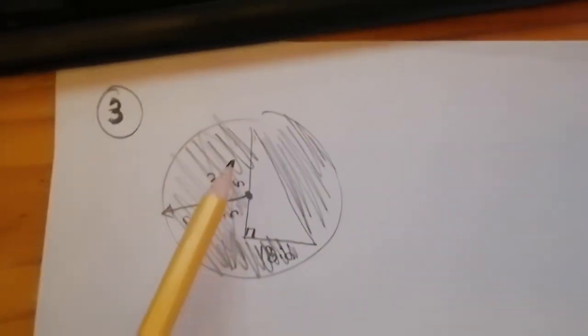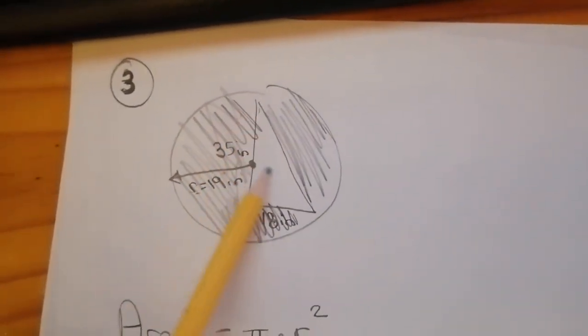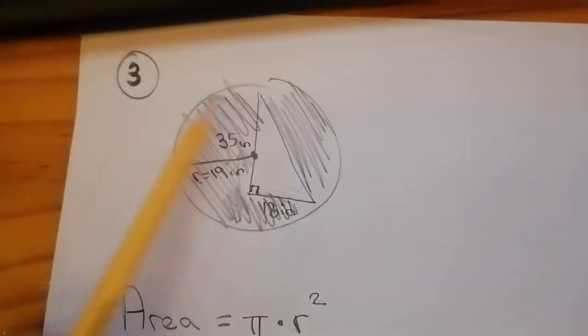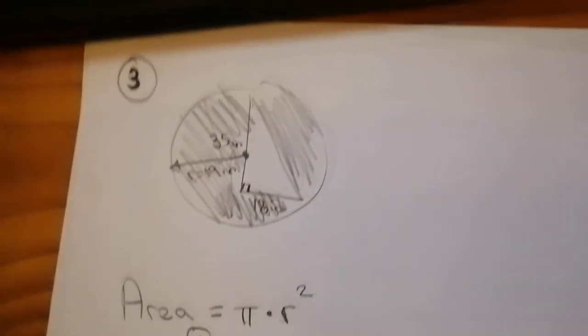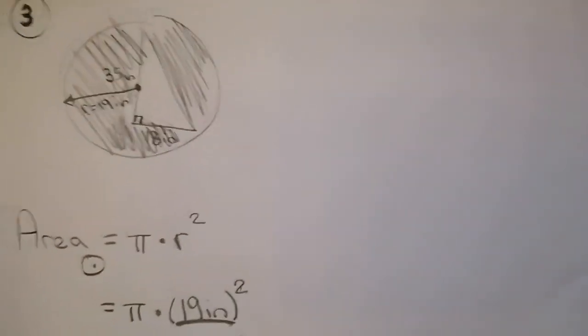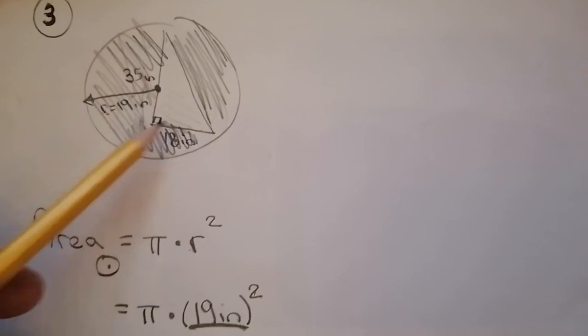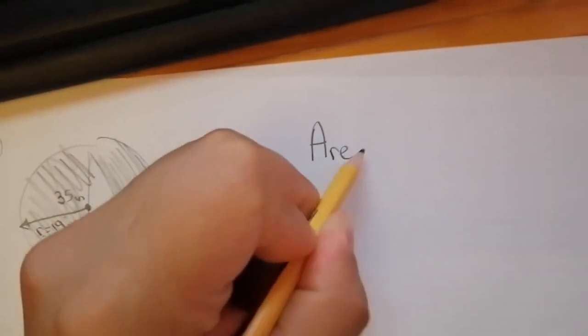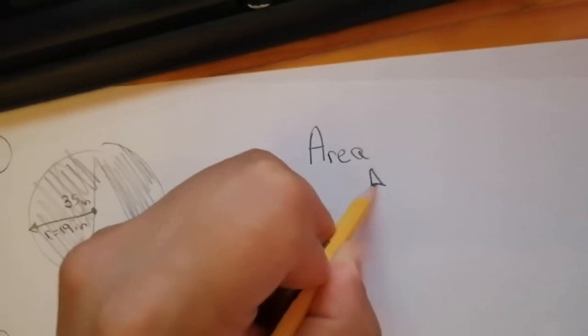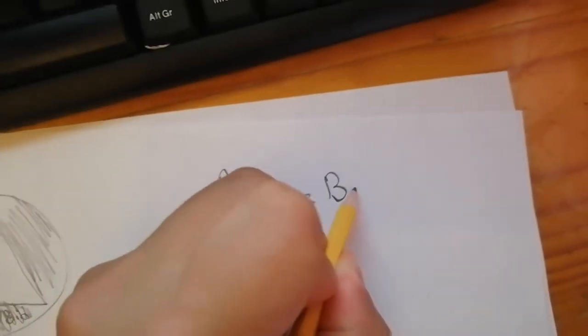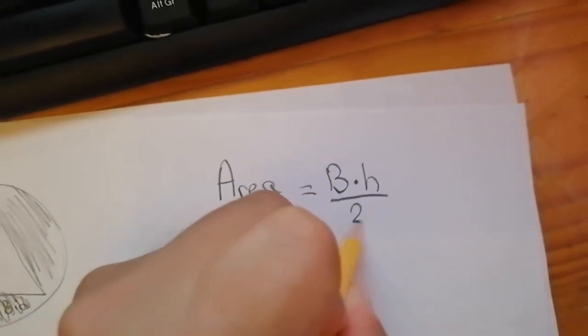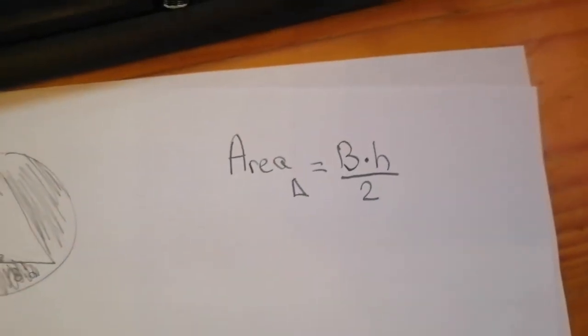Now we need to figure out how much we're going to subtract from this entire area of the circle. So that means we have to find the area of that triangle. So the area of the triangle, we're going to do that up here. The area of the triangle is going to be equal to base times the height divided by 2, right?